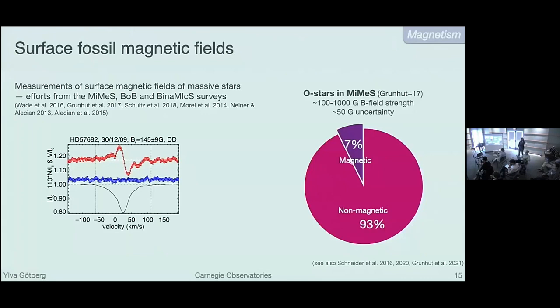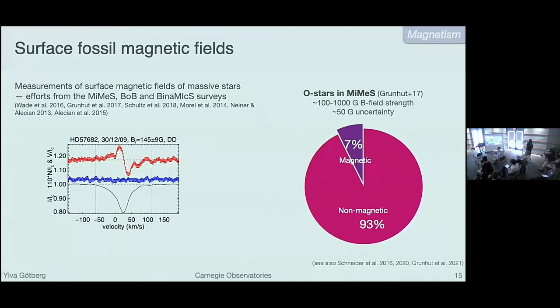The paper from Sam that came on the archive a couple of days ago is for Plaskett's star, and it shows that there's a non-negligible contribution from the quadrupolar and higher order components to the field, and that can sometimes suppress the polar field strength of the dipole, and therefore you might be missing the magnetic field. So it's a really interesting interplay between the different components of the magnetic field, which can potentially hide magnetic stars. But yeah, what you've said is a nice overview, I think.